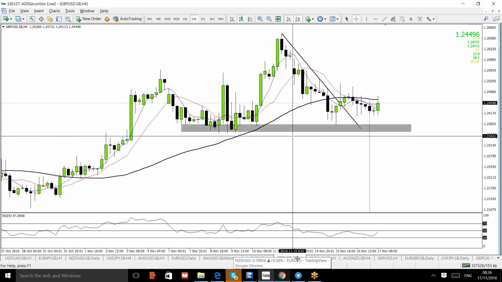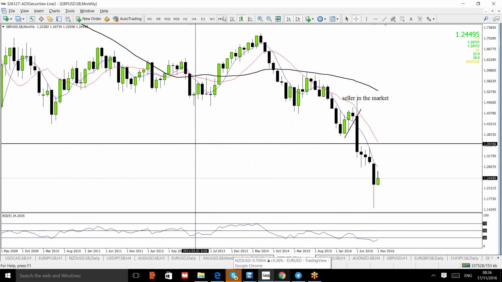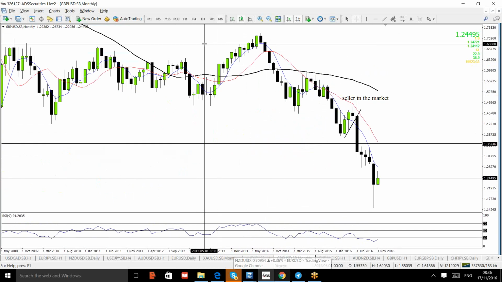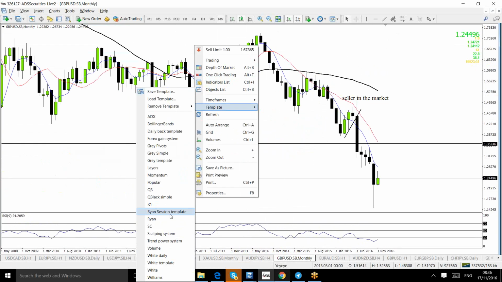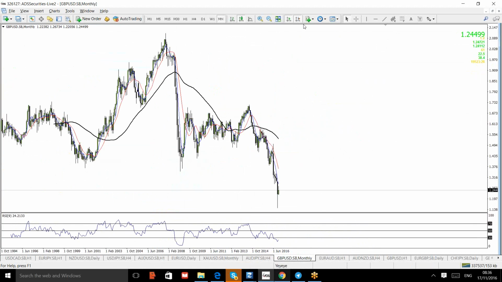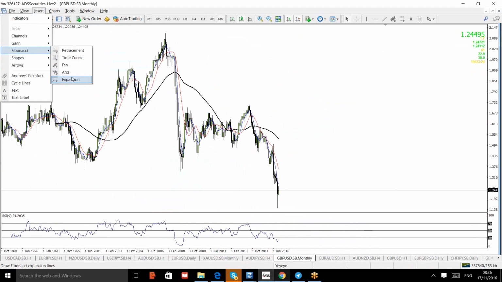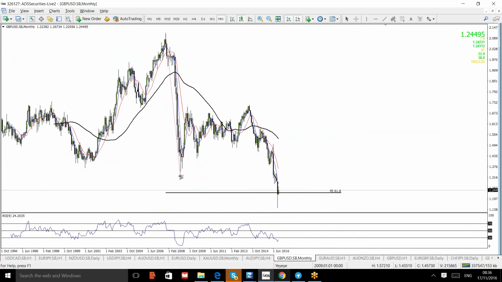Everybody understands this. Say yes if you understand. Guys, see this. A, B, C. Can you see this? What's happened in pound?